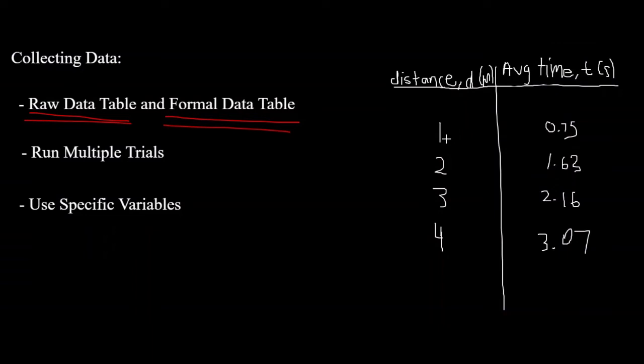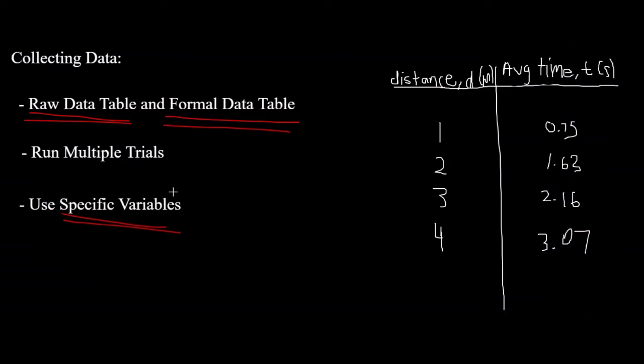If it's really inaccurate, you could consider that an outlier and run another trial. Never erase it. You should never erase data in physics, but you can always run another one. But let's say it's just slightly off. Running multiple trials will allow us to average that value out so it is not as far off from the actual value. And like I said before, you want to use specific variables.